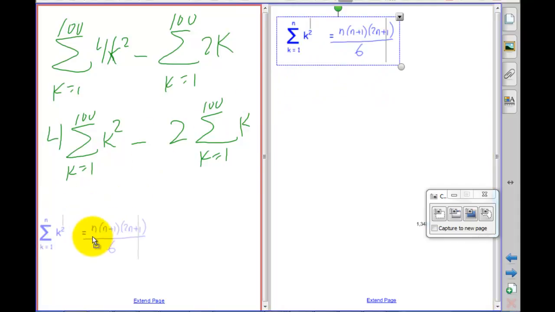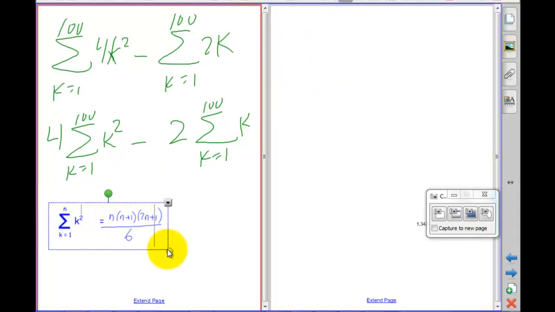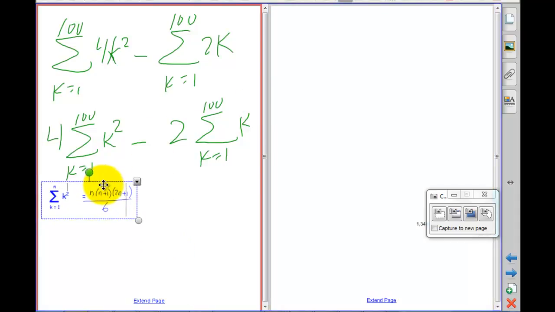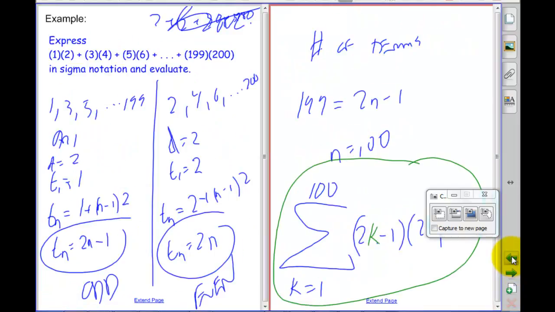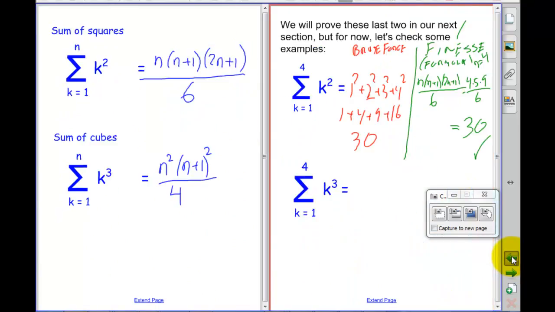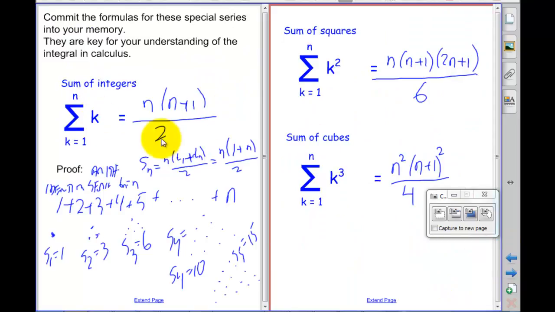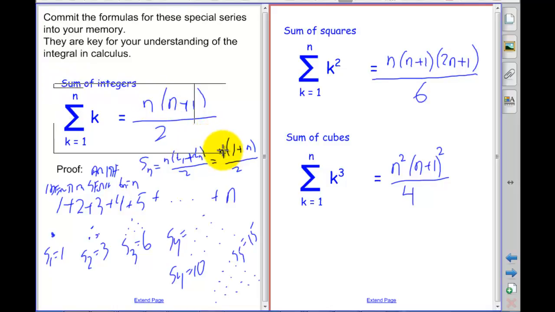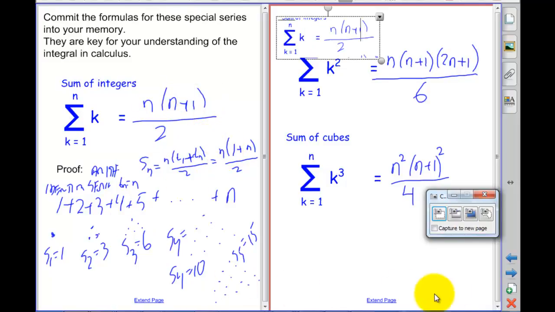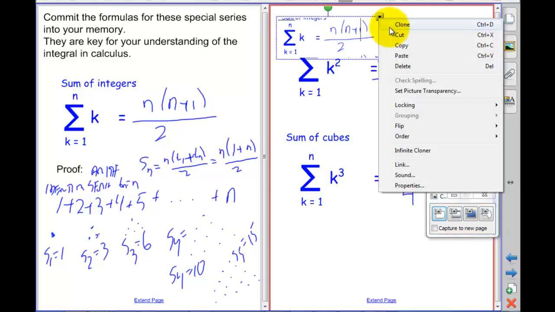Make it a little smaller so it fits in here. Can you see it okay? There's the formula that you're going to apply. And we also need the other formula while we're at it. Do you remember that one? There you go. Okay. Cut it and go.